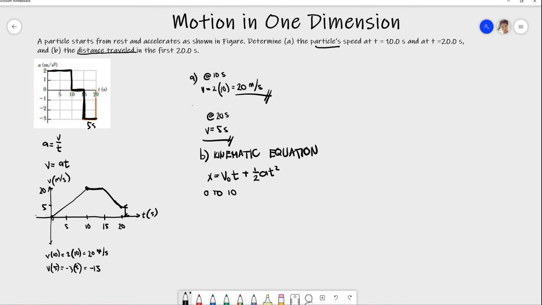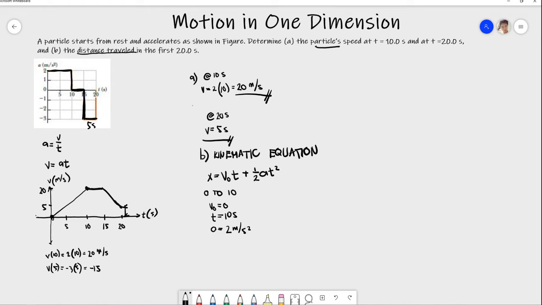The initial velocity here is equal to 0. So you can see from here the initial velocity from 0 to 10, and let's say our t here is equal to 10 seconds, and the acceleration is equal to what? Constantly increasing velocity or speed. Therefore, acceleration here is 2 meters per second squared.